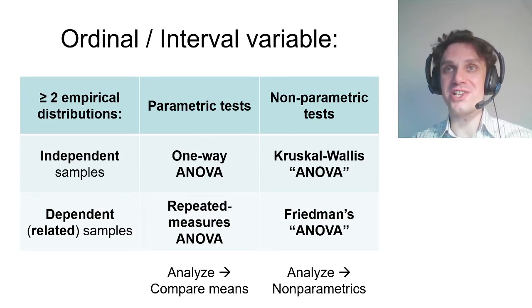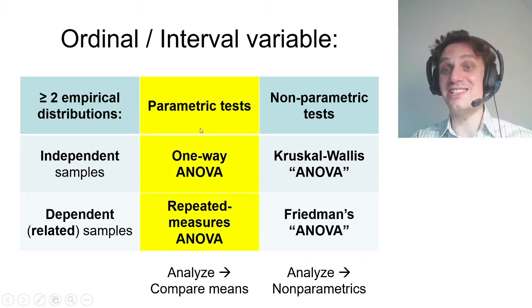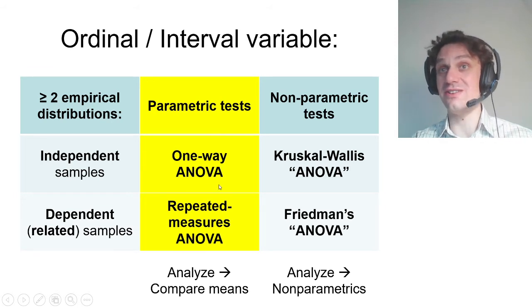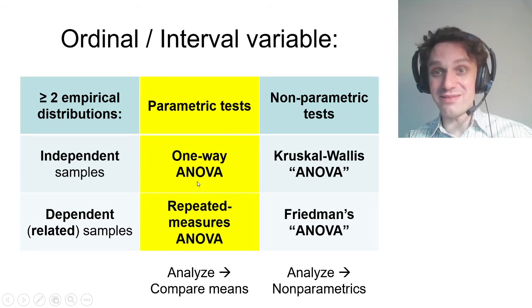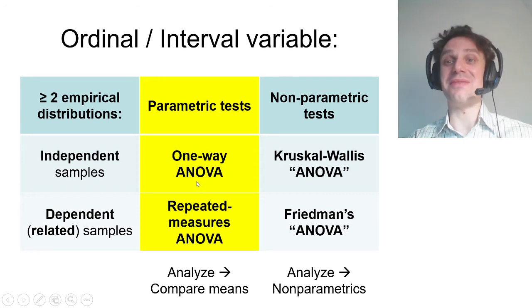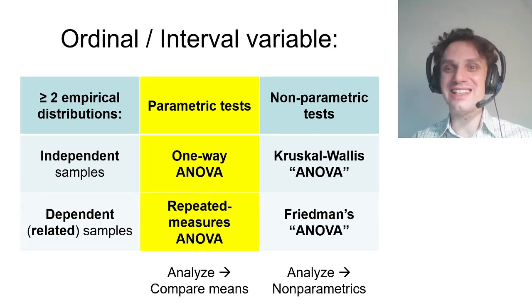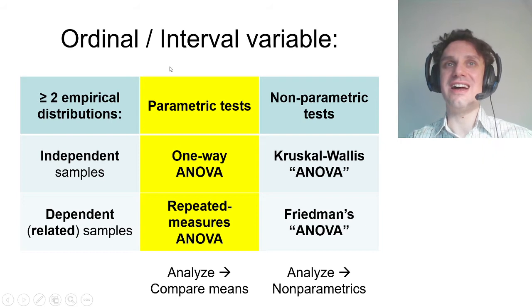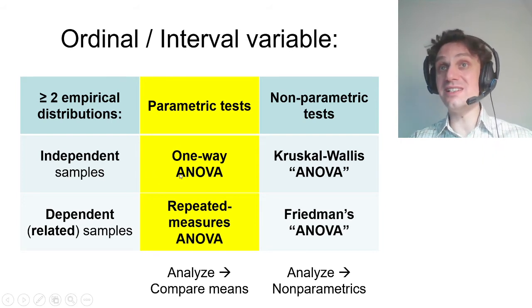The parametric option, which is basically a generalization of student t-test, is called analysis of variance, or just ANOVA, invented by Ronald Fisher. That's why it uses an F statistic named after Fisher. And it exists for independent samples.